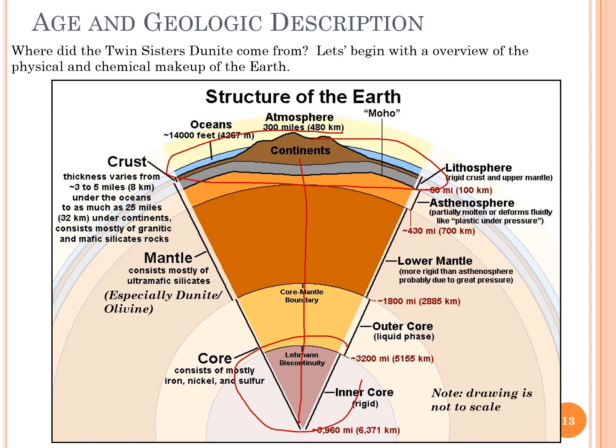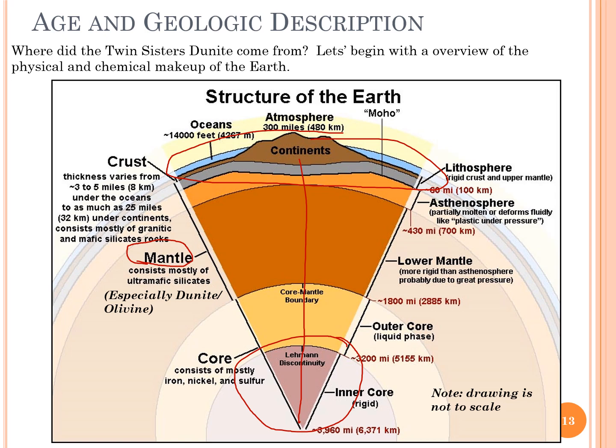There is a lot of science in this diagram, but we're going to focus on an area called the mantle, which is an area about 5+ miles on down below the surface of the Earth. And it's where a lot of the action for the formation of certain igneous minerals occurs.